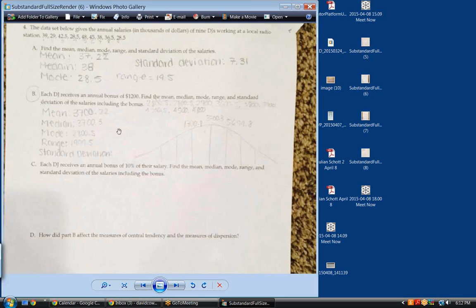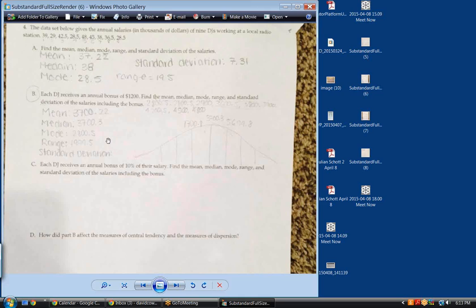And the median should be 1,200 higher because it's going to be the same median, right? I mean, it's not like half of them receive the bonus. That would make it a problem. But if everybody receives the same bonus, it doesn't change the order. So whatever, if the median was 38, that guy's getting a $1,200 bonus, and he's still fifth in line of the 9.